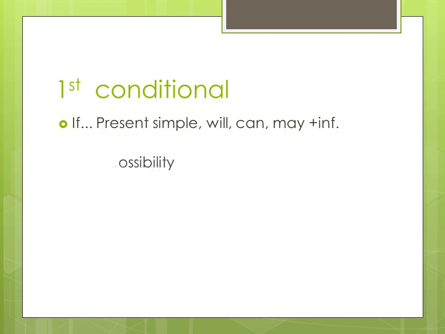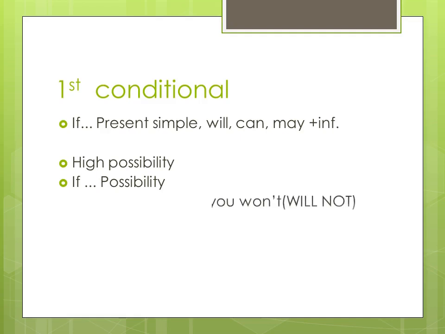For example, when we talk about high possibility, if you don't study, you won't pass the test. This happens about 99%. 99%, if you don't study, you won't pass the test.